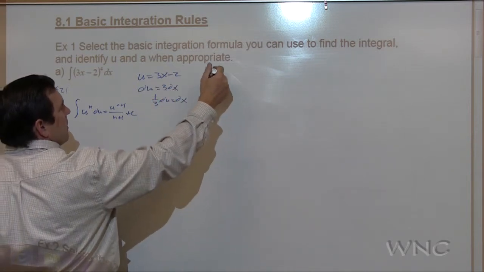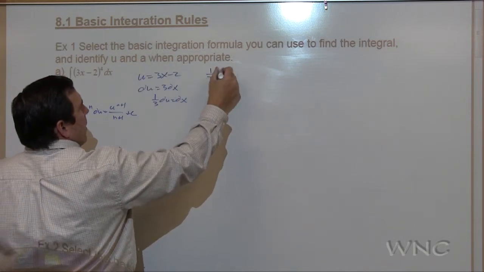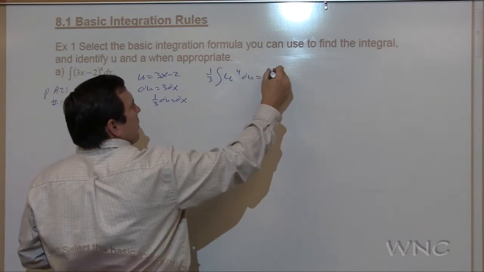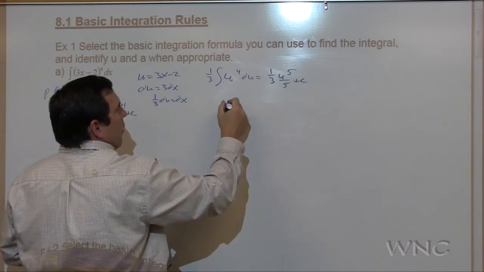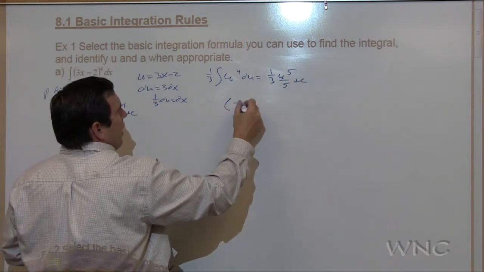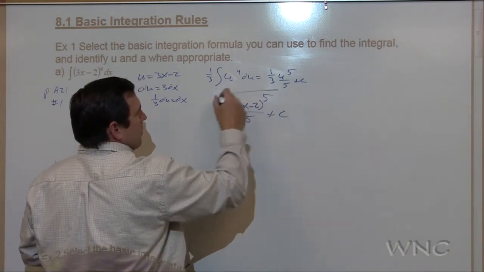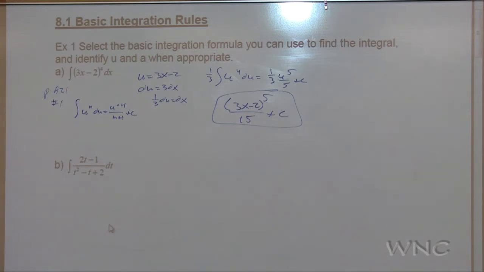This becomes 1/3 integral of u to the 4th du, which is 1/3 u to the 5th over 5 plus c, or 3x minus 2 to the 5th power over 15 plus c. That's it. Using that number 1.